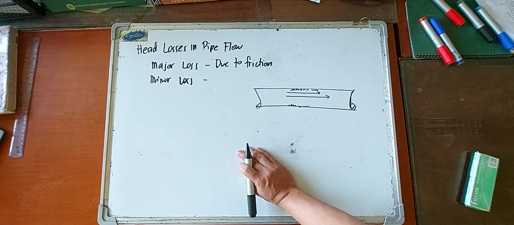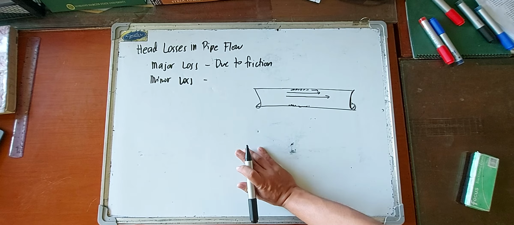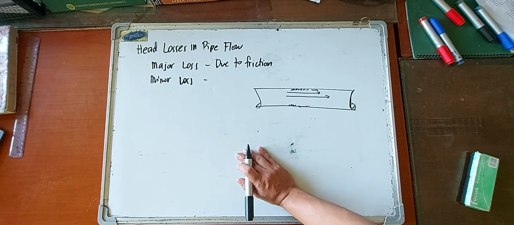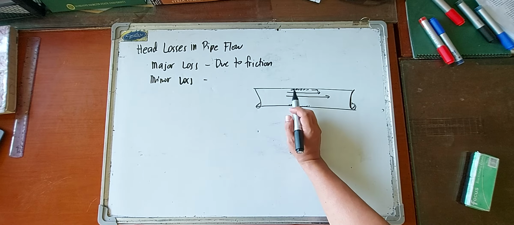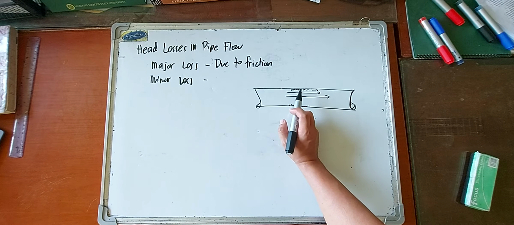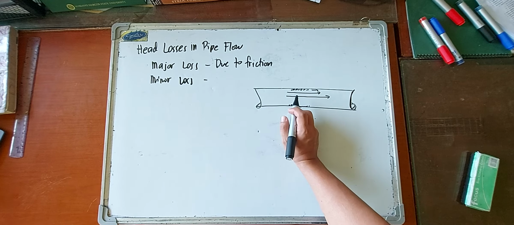So pag mas mabilis, mas malaki din yung loss of energy. And number three, it is dependent on the pipe wall's roughness only under turbulent conditions, no? So the roughness of the wall of the pipe, that somehow contributes to the loss of energy. Kapag mas smooth yung wall ng pipe, that means mas maliit yung loss of energy.